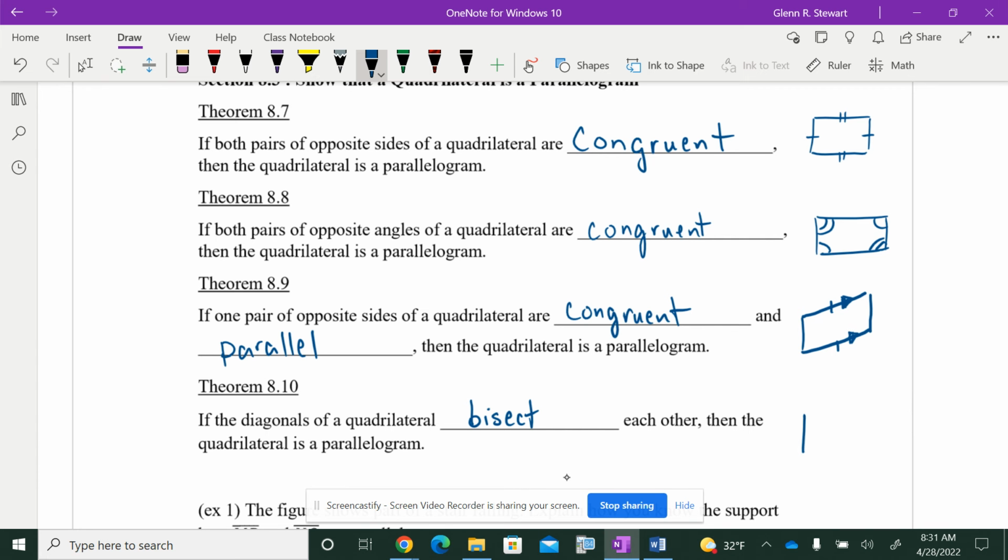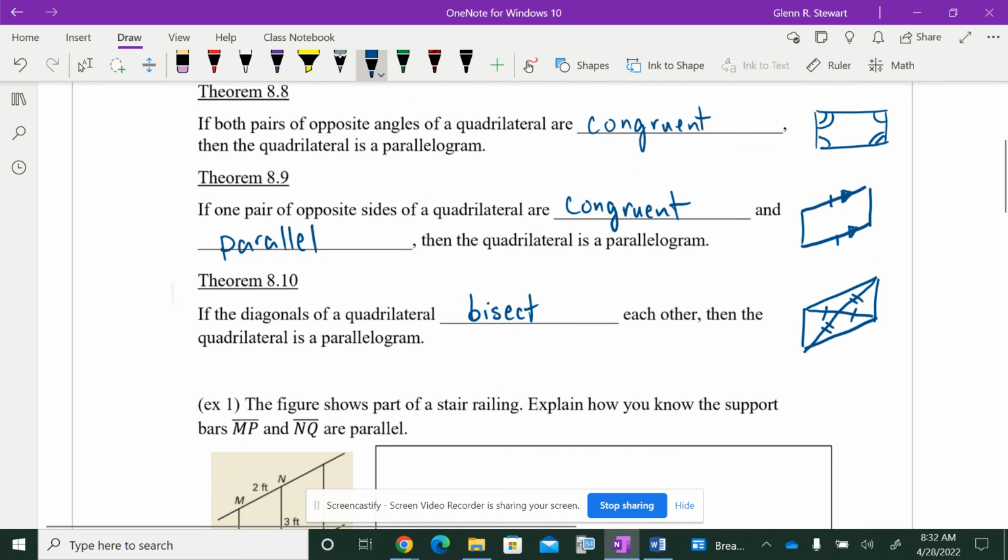Again, I'm going to just draw a rough quadrilateral. There's my diagonals. By showing these markers, that means that those little pieces of those diagonals are congruent, which means that there's a bisector, and this is a parallelogram.